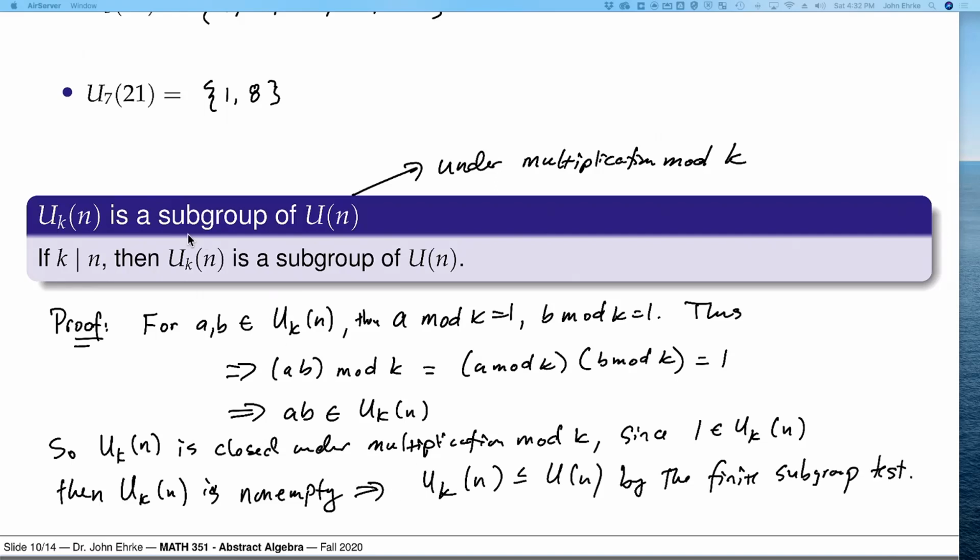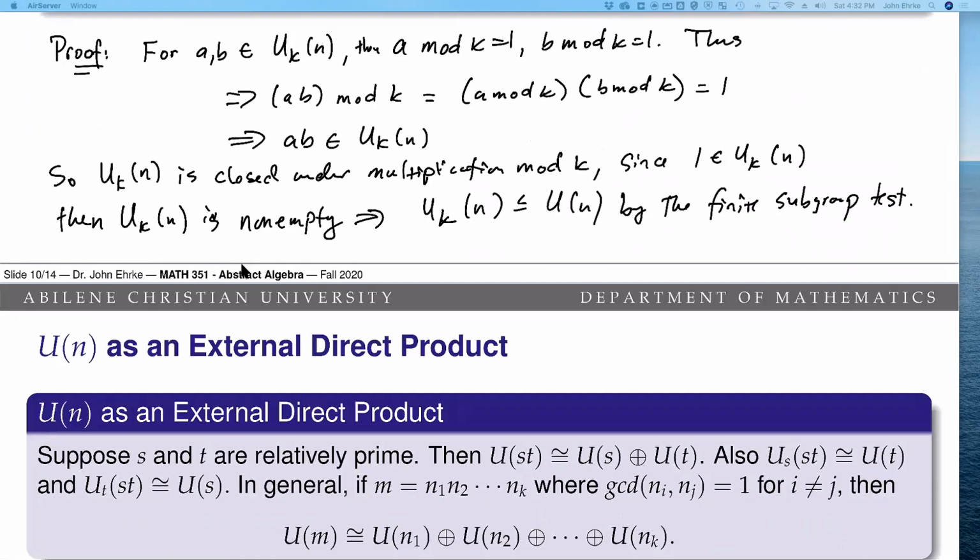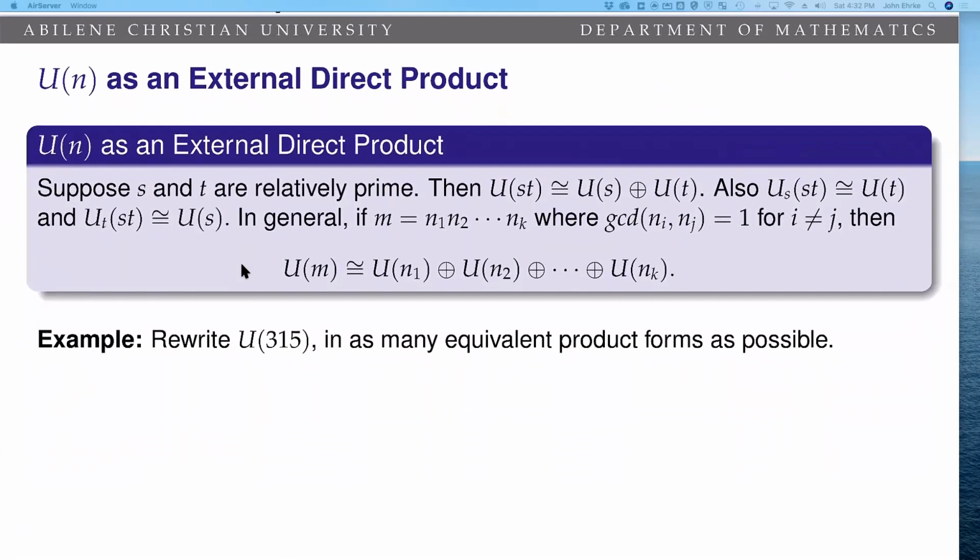So I know that this new subgroup structure that we're introducing here on the U groups will be a subgroup. Okay, so this gives us enough ammunition now that we can write U sub n's as external direct products, just like we can write Z mod n. And it's going to be a very similar approach.